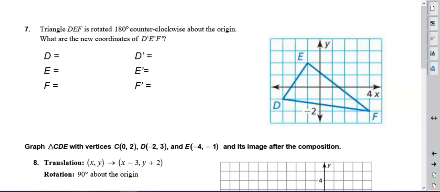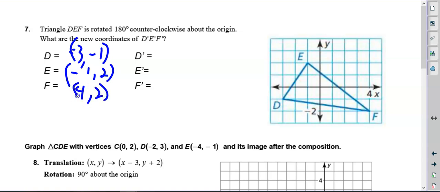Okay, triangle DEF is rotated 180 degrees counterclockwise. What are the new coordinates? Well, let's first identify D, E, and F. So D is -3, -1. E is at -1, 2. And F is at 4, 2.